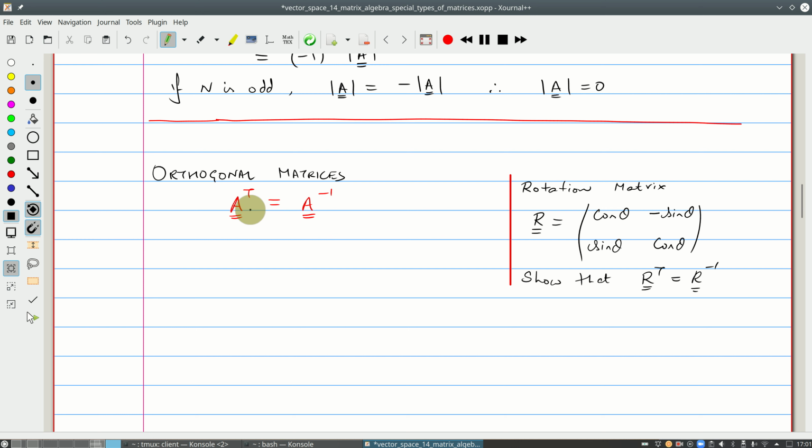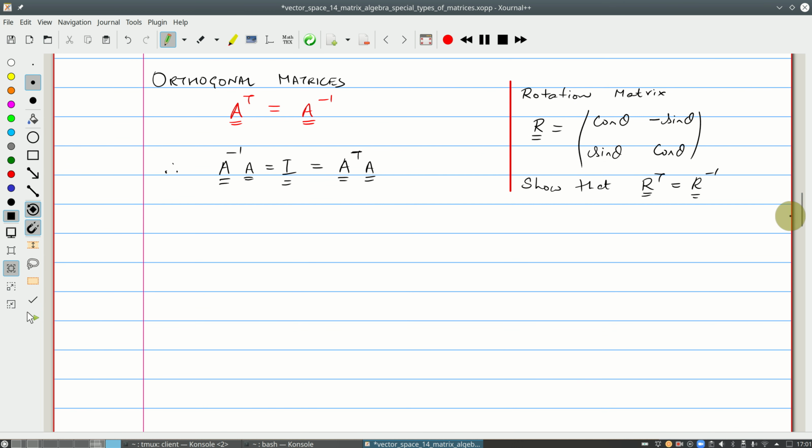So first of all, if A transpose is equal to A inverse, therefore we must have A inverse A is equal to the identity, and this must be equal to A transpose A. Alright, now how do we show that the determinant of A is equal to plus or minus 1?